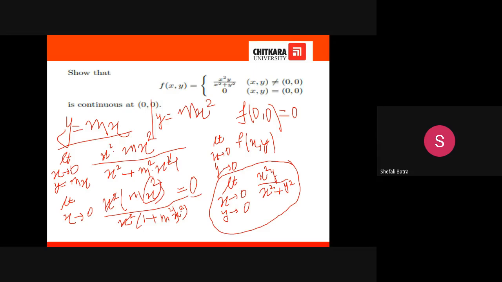Because of this, always it would become 0 and you will be left with 1 in any case. So along every path, you can observe from here, you will be getting value 0. Is it right? So along every path, you are getting the same value. It means limit exists. And that value is 0. And you know that function at point origin is again 0.